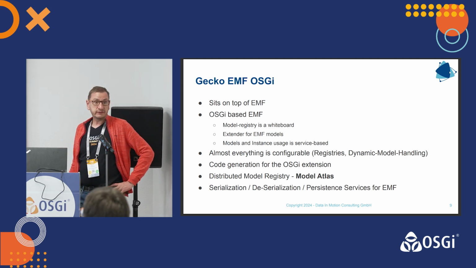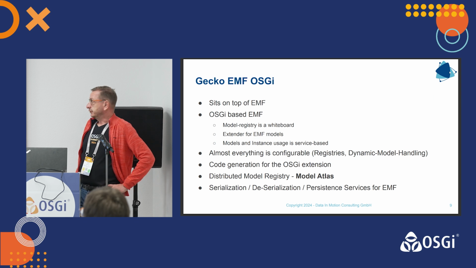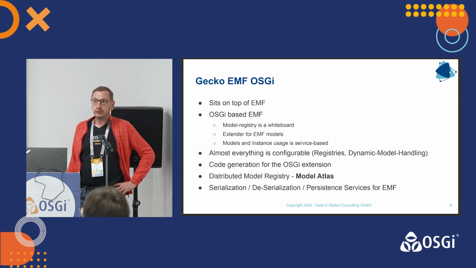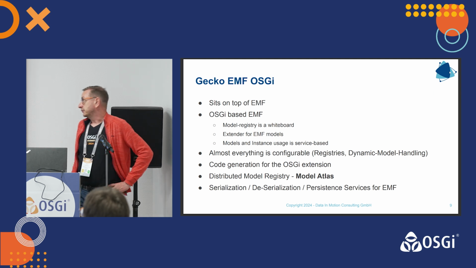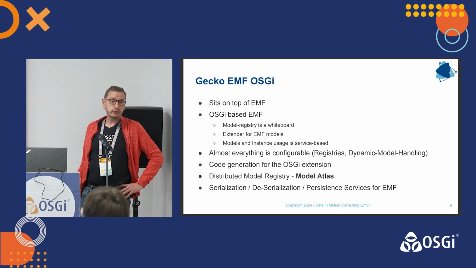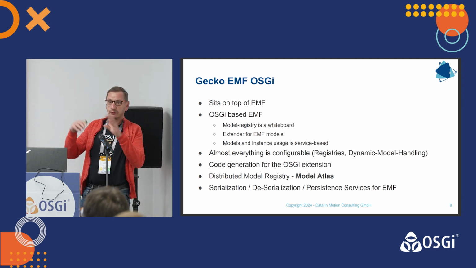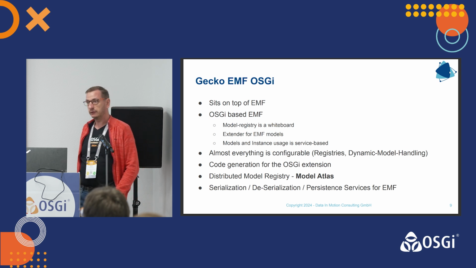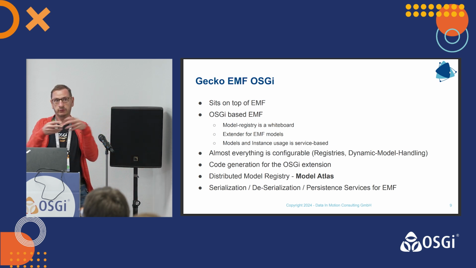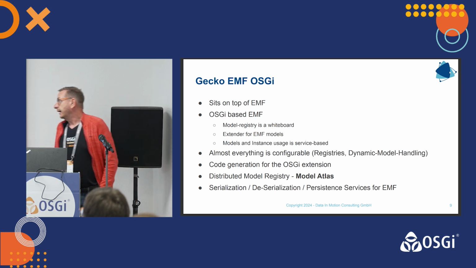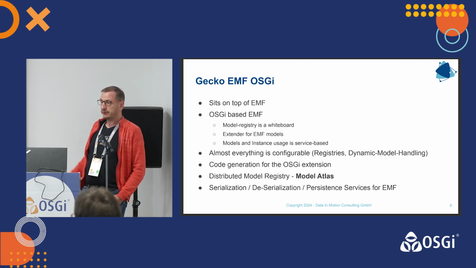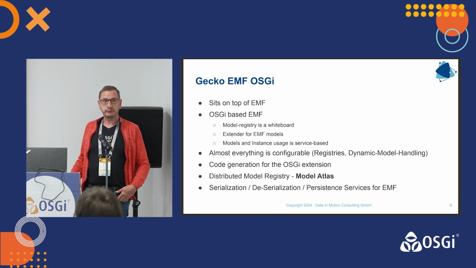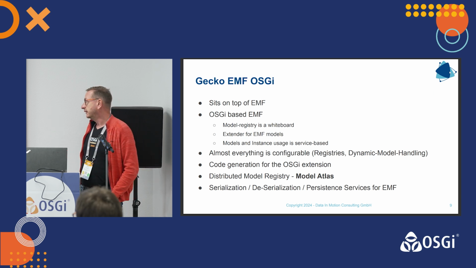We also have an extender pattern for detecting EMF models in bundles. The usage of EMF is based on so-called resources where you can load resources, save resources, and get your instances out of it. And this handling of resources is also service-based. So you can inject a resource factory, create resources, and load and save.